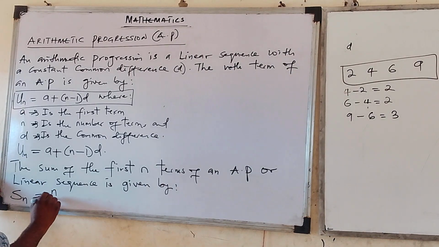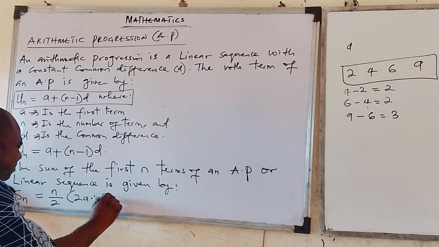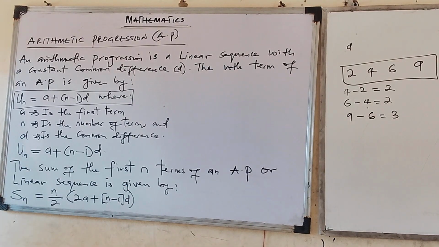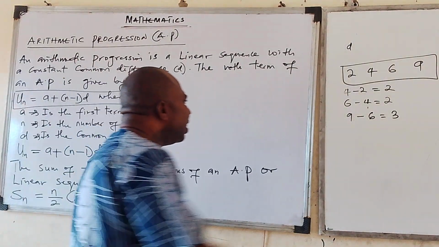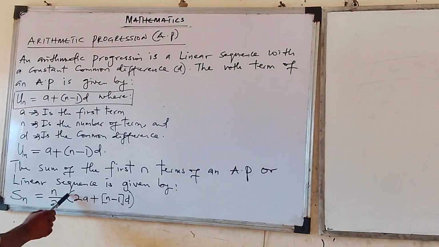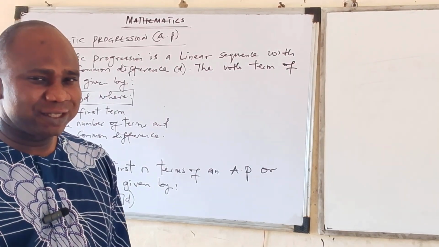It's given by n all over 2, times 2a plus n minus 1 times the value of d. Remember from the definition of terms, a is the first term, n is the number of terms, and d is the common difference. This is the formula for finding the sum of the first n terms of a linear sequence.